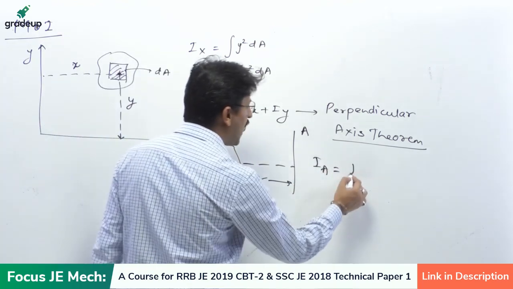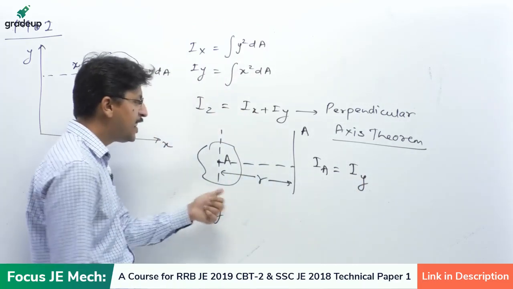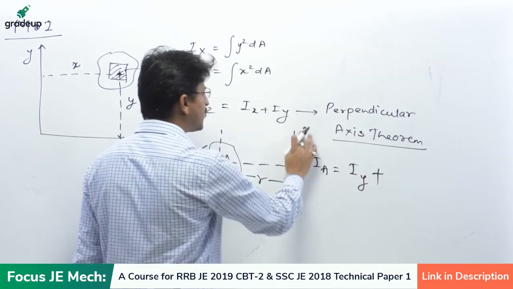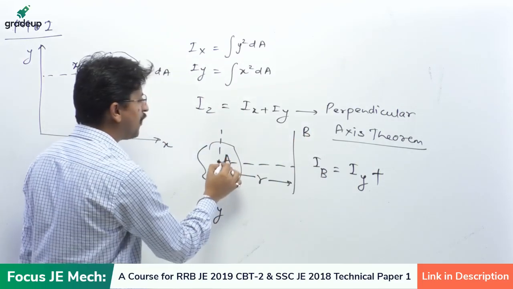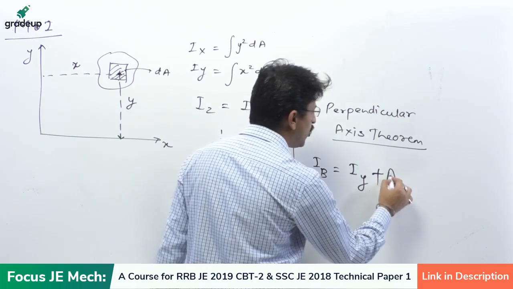That will be equal to IY plus, suppose let us write this as B. And A is the area of this body. So this is A into R square.